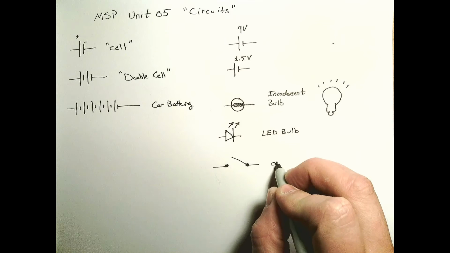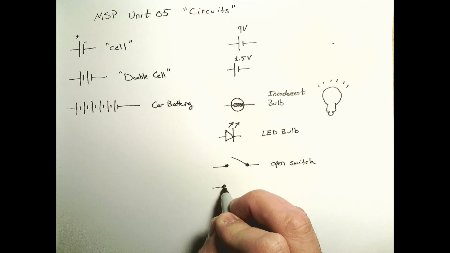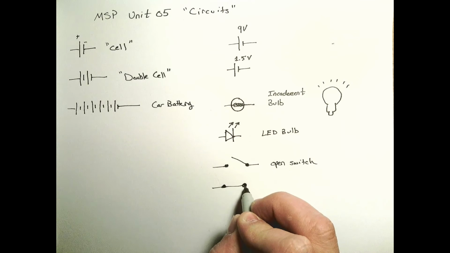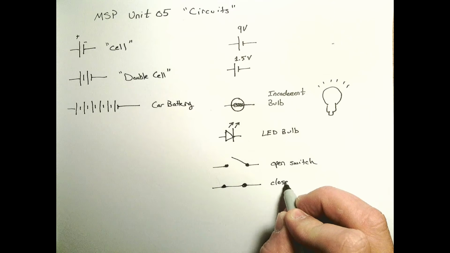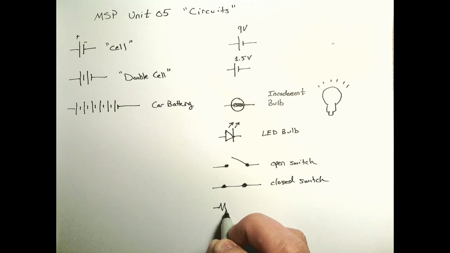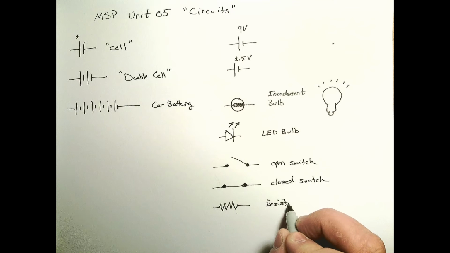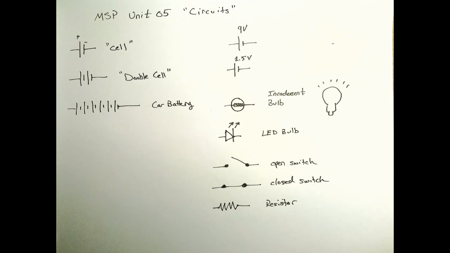This is an open switch. This is a closed switch, and this right here is called a resistor. These are all different types of symbols when you are building a circuit.